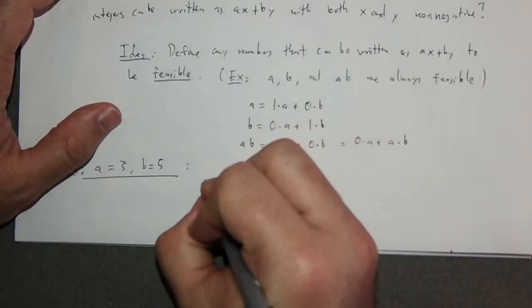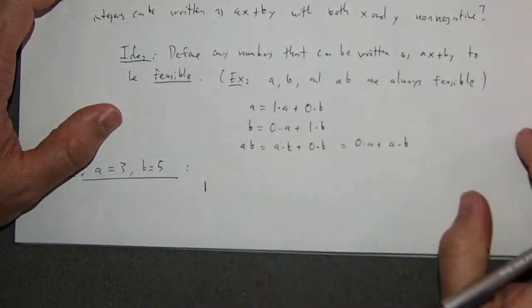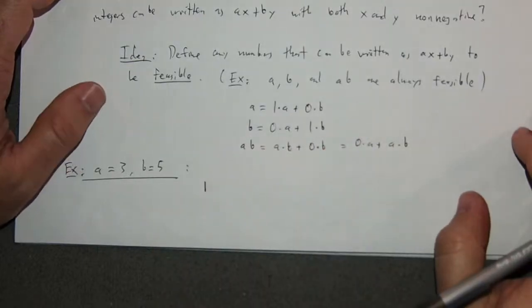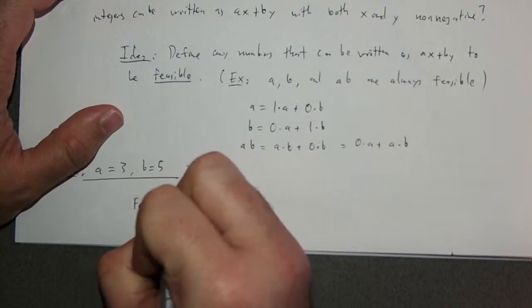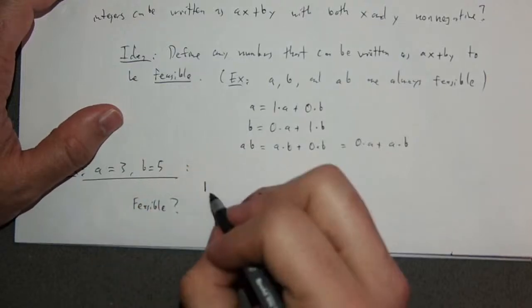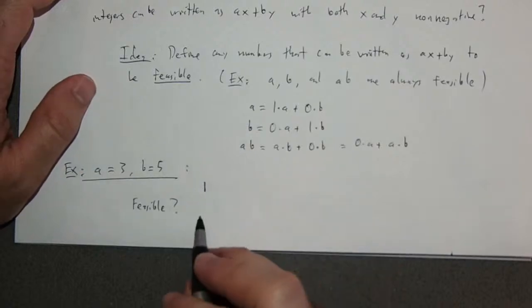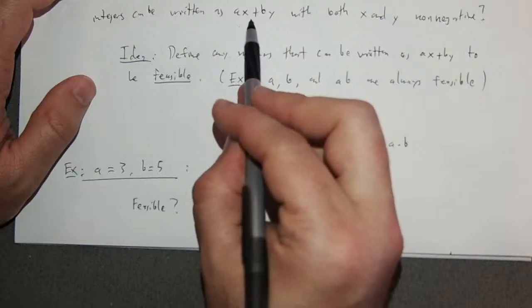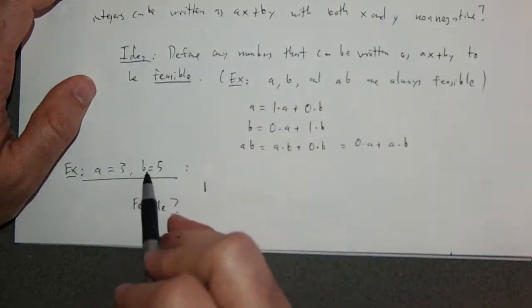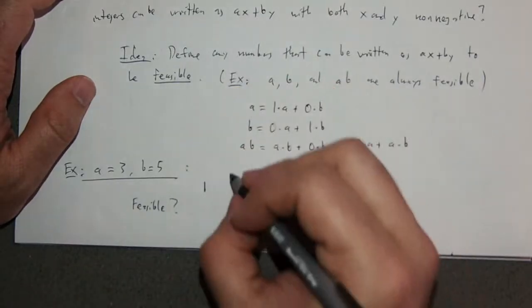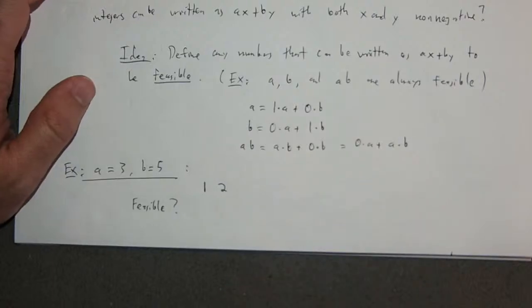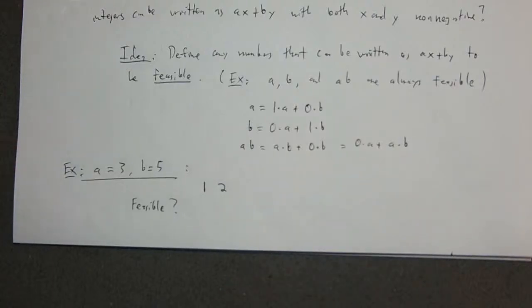Okay, so is 1 feasible? Well, so here, I'll write feasible, question mark. Is 1 feasible? No, there is no way to write 1 as a linear combination of ax plus by, where a is 3 and b is 5, right? And x and y are both non-negative. That's not possible. Similarly, 2 is not feasible, but 3 is feasible.